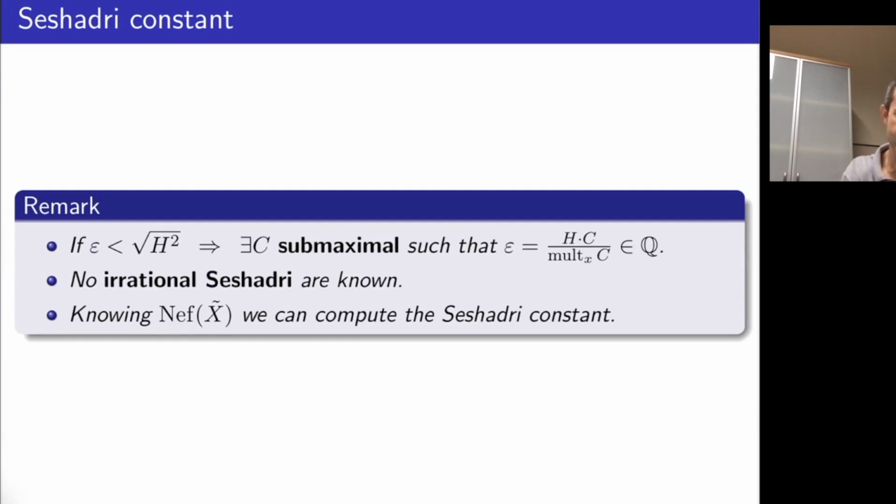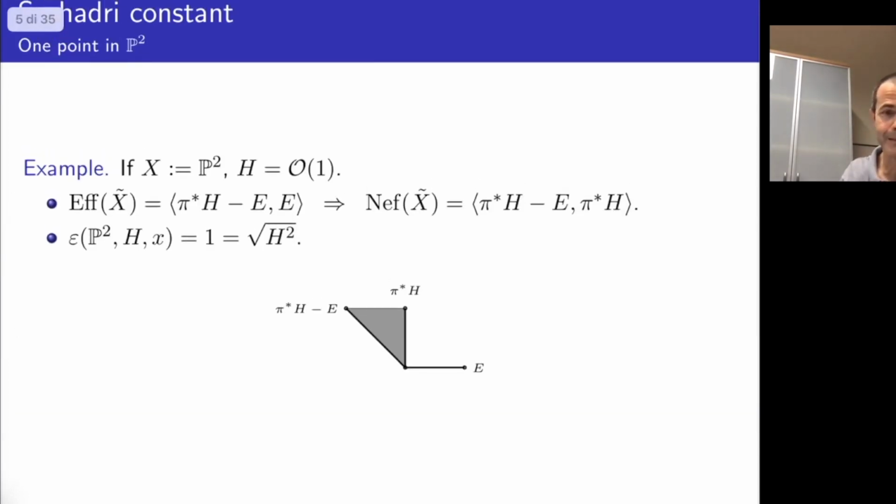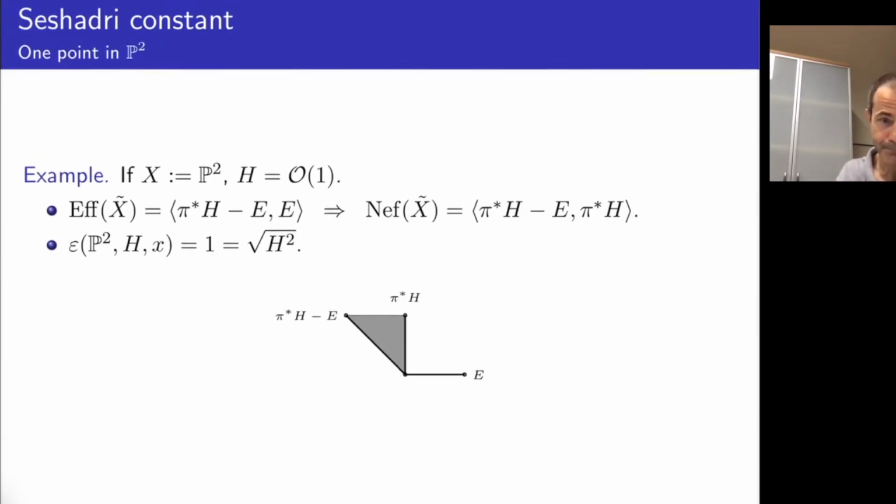Now, an easy example, which is the case of P2. First, we take one point in P2 and we take the hyperplane class H. It is known that the effective cone of the blow up of P2 at one point has two extreme rays: on one side the exceptional divisor E, and on the other side the strict transform of a line through the point.